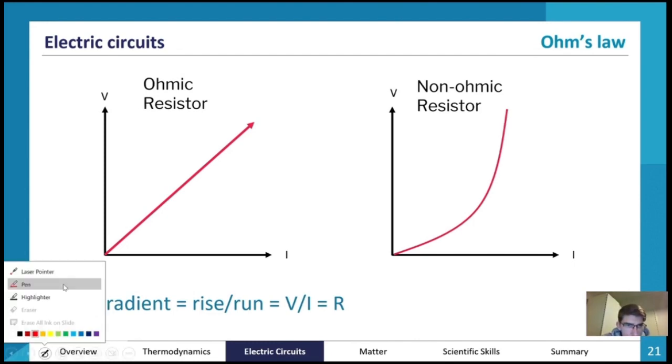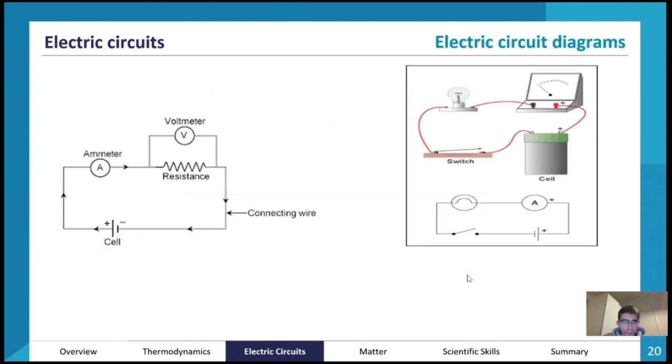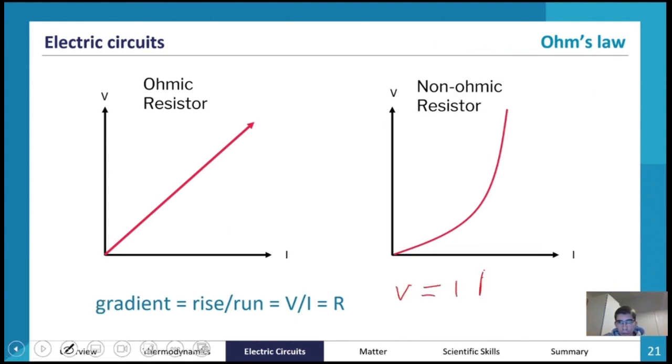The two main equations that you need to understand, as I said before, are V equals IR, and also P equals V multiplied by I. We said voltage is the amount of work done per coulomb.